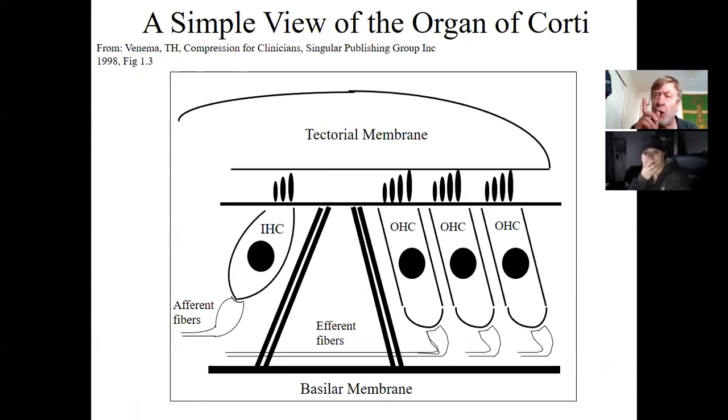Outer hair cells help inner hair cells pick up sounds below 50 decibels. If the sound's below 50, the inners can't pick it up. So the outers shrink, pull down, and they pull this tectorial membrane downward so these hairs can get bent.